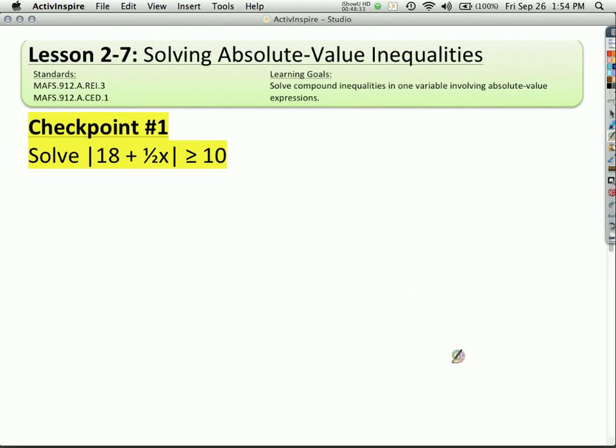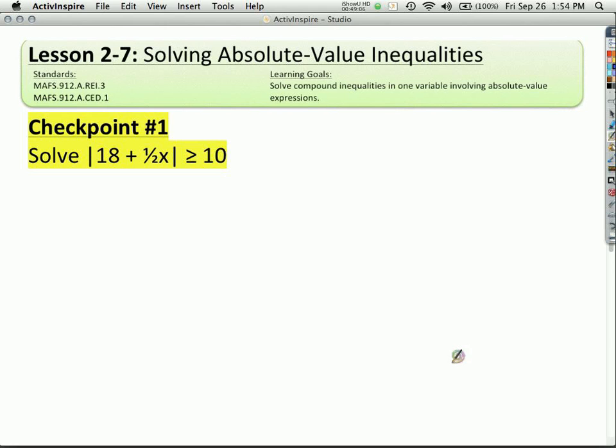Laurel, then Isabella, and then Adriana. Laurel, what did your team think it was? X is less than or equal to negative 56, or x is greater than or equal to negative 16. Okay, Isabella, what did your team think it was? Okay.